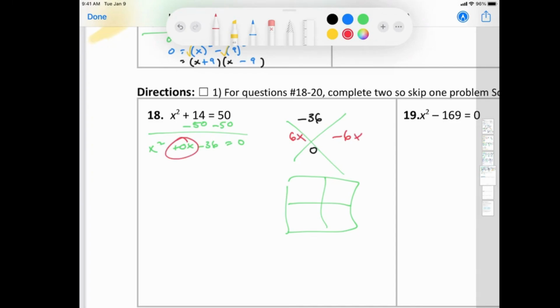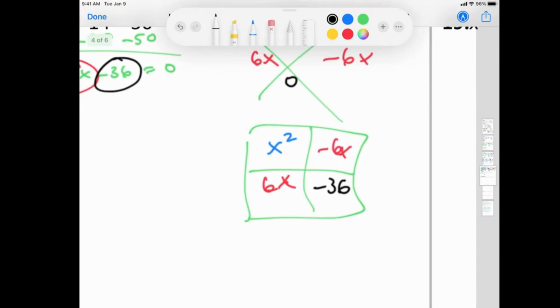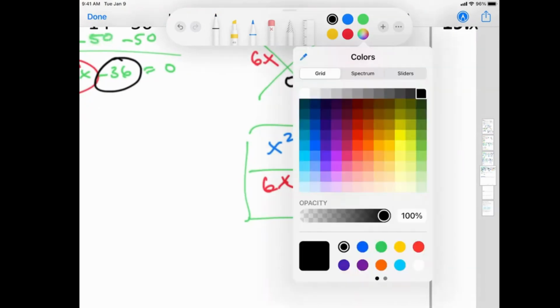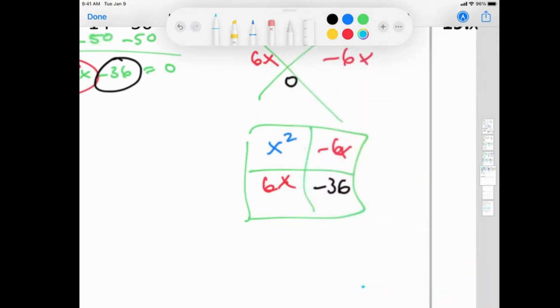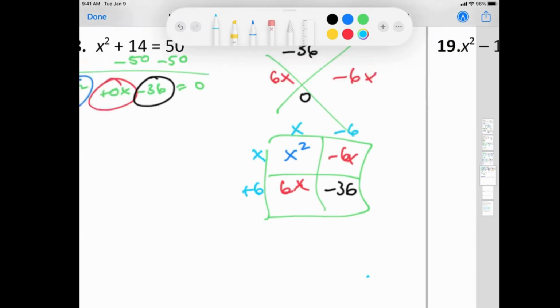There is an x. I was about to tell you, but I said no, won't do that. I don't want to cheat you out of learning. Negative 36. And then you're going to factor out the greatest common factor of this row, this column, and this column.